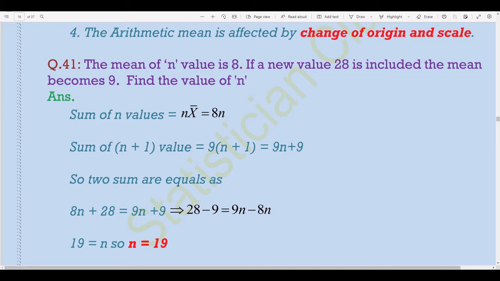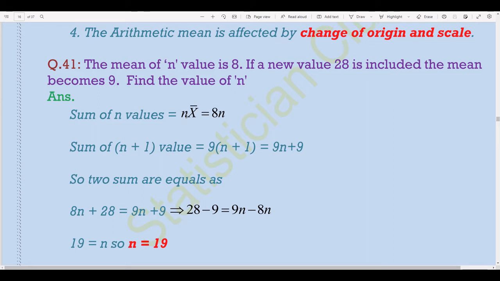We solved this type of question in a previous numerical in the same video, I think at the 33rd or 34th position. As you know, the direct formula for arithmetic mean is x bar equal to sum of x over n. By cross multiplication, sum of x is equal to n x bar.